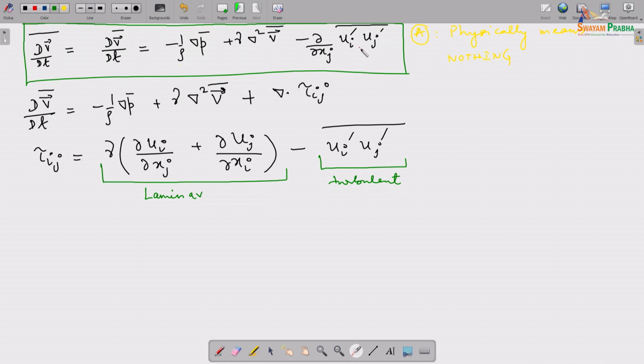I leave you to do that as an exercise to convince yourself that this is correct, and if it is not, then we should talk. When I write the shear in that fashion, this is the part which is laminar and this is the part which is turbulent.